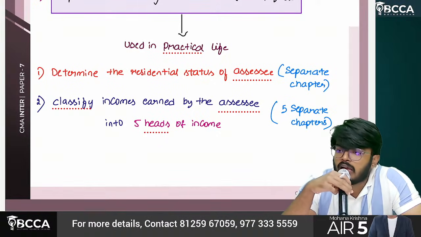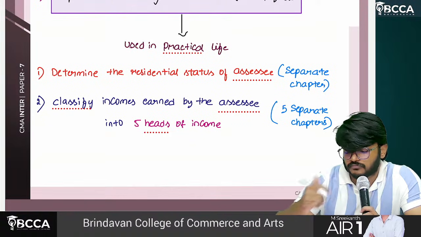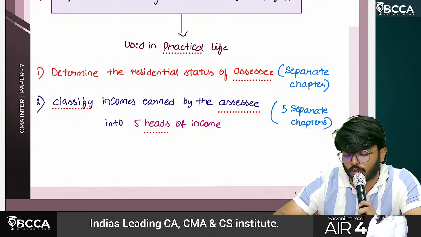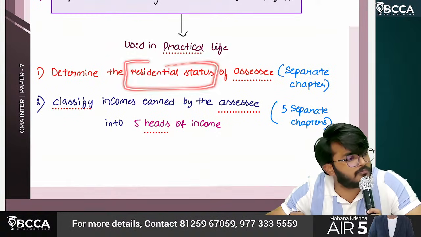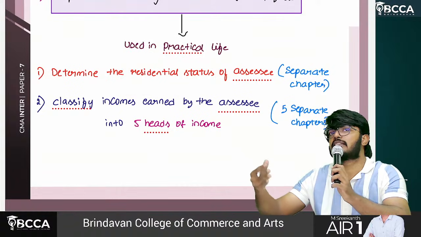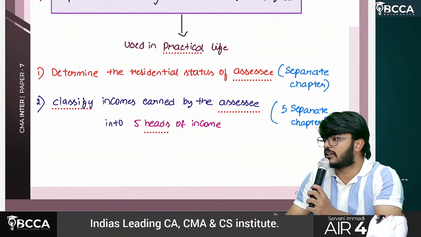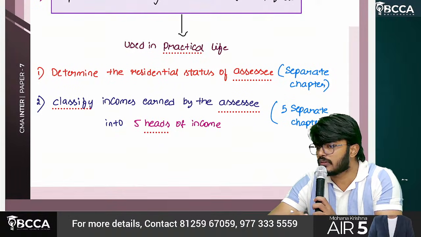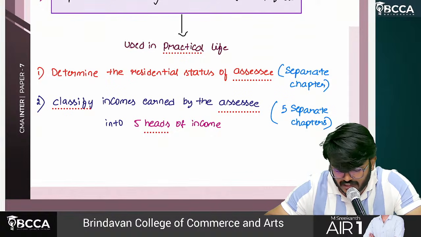Next, one client will come to you. First, you have to ask what is the residential status of the person. Once you have understood his residential status, next you have to ask, give me the list of all your incomes. Your client doesn't know about these 5 heads of income.